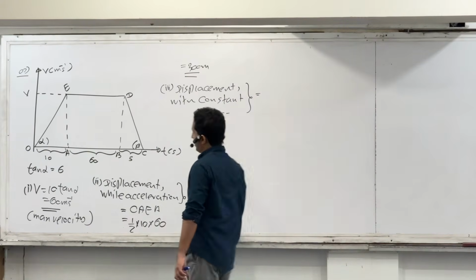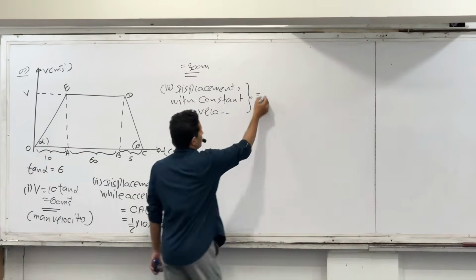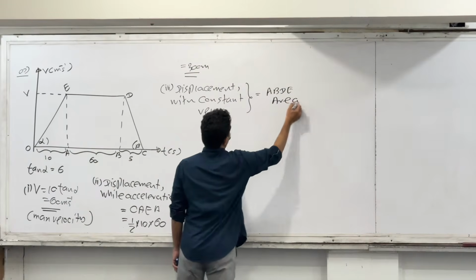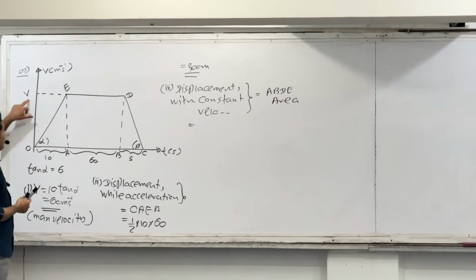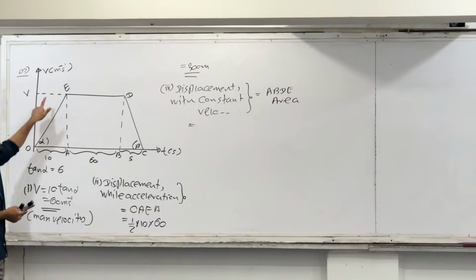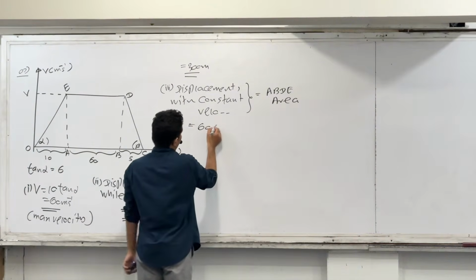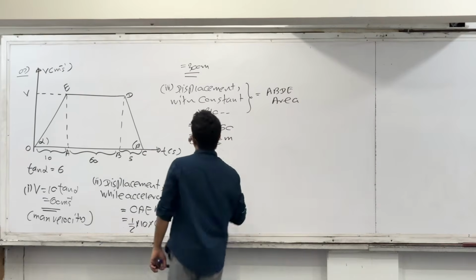Displacement with constant velocity comes from the ABDE area. It is a rectangle, V into 60, so 60 times 60, now 3600 meters.